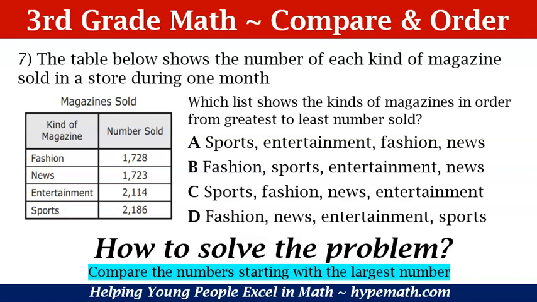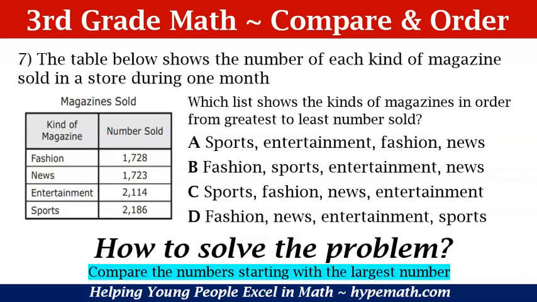In the hundreds place, entertainment and sports both have a 1. But in the tens place, entertainment has a 1 and sports has an 8. Which number is larger? Sports, right? So sports, we know, is the first number in our list because it's the largest number.